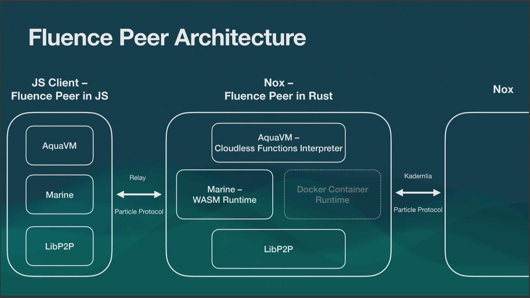It has basically the same architecture, but it's much, much lighter because it's not meant for high load, and it's not participating in the Kademlia protocol. Only Rust peers participate in the Kademlia protocol. That allows them to discover each other, and they're long-living. That's why it makes sense for them to participate there.